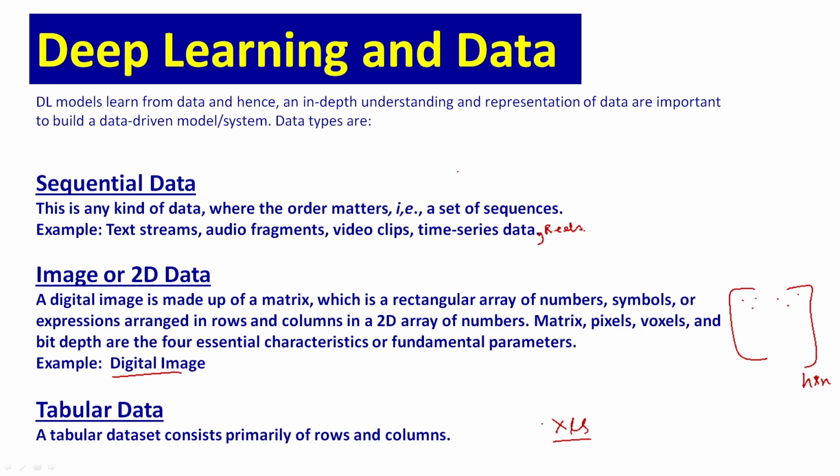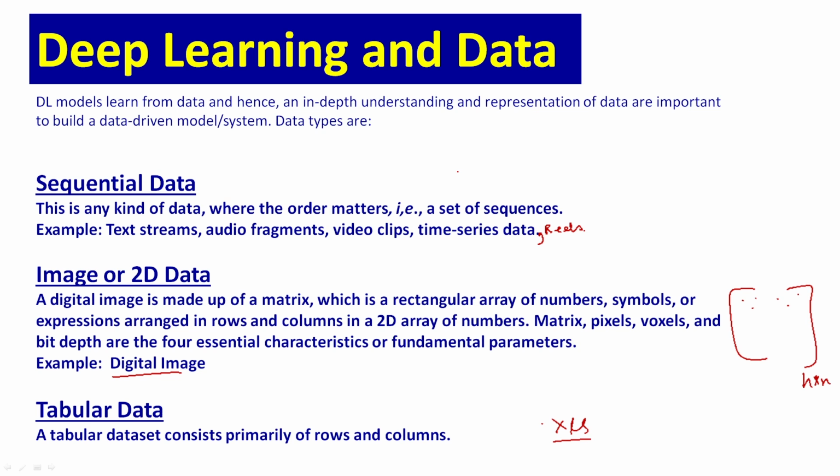So, that is called text streams, or audio fragments also. Sometimes you can use audio fragments to create new audio or video clips, which are very famous nowadays on social media like reels, or, as I mentioned, time series data. That is what we are going to discuss today in RNN in the later part of the lecture.